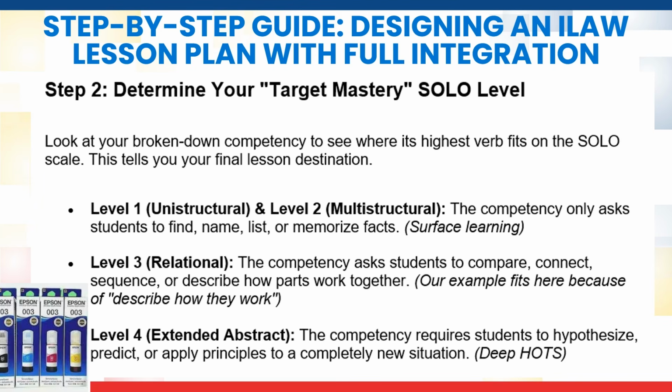And level 4 is the extended abstract. The competency requires the students to hypothesize, predict, or apply principles to a completely new situation. So we're going to determine our target mastery level, which is actually our HOTS, that's relational and extended abstract. However, we cannot go to HOTS if we will not start with the LOTS.